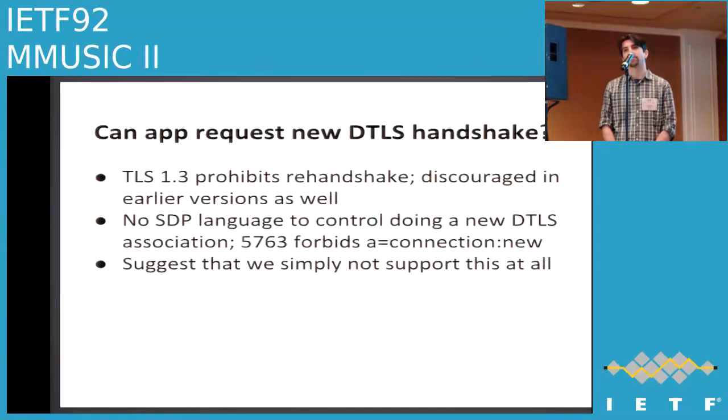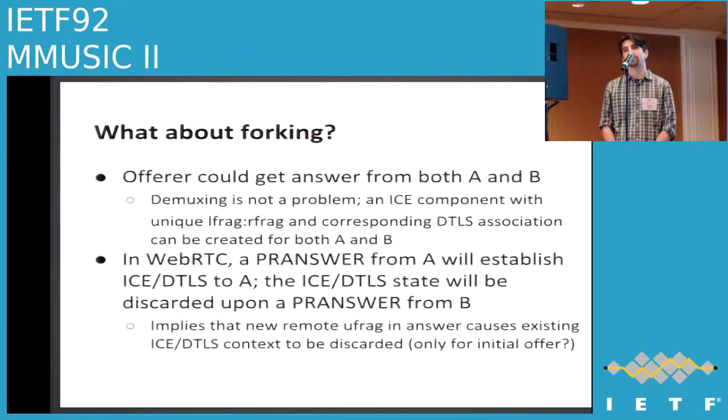Next slide. So the real question is, what happens when you get a new fingerprint? In third-party call control, you might have a new fingerprint signaled, and this would require you to do a new DTLS handshake. There's been one suggestion that we can do this with what they call INVITE with Replaces, like a SIP thing. In WebRTC, this would be a new peer connection. This handles that just fine.